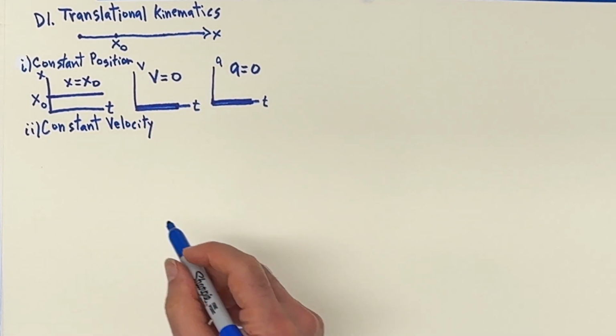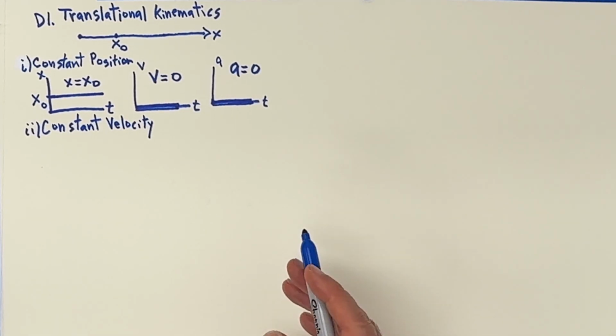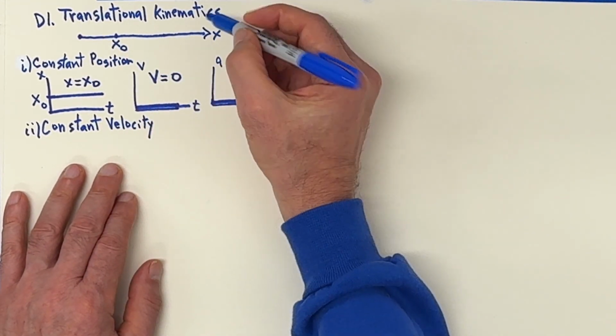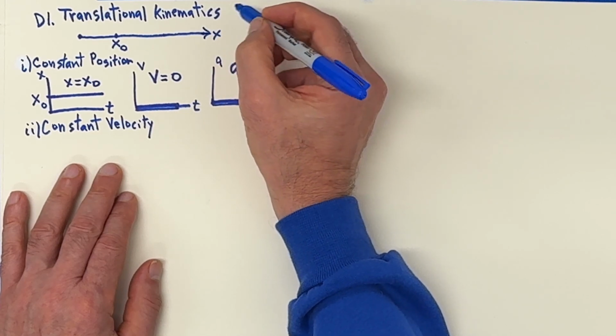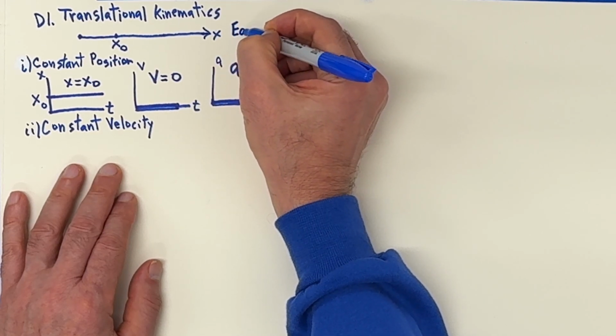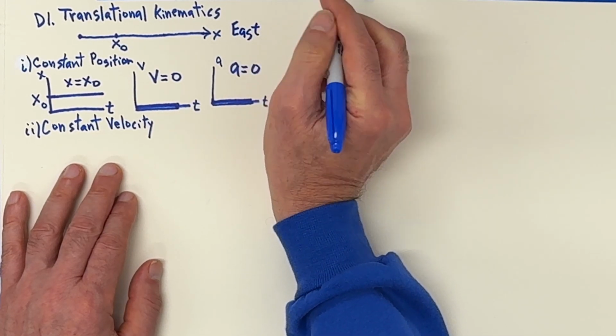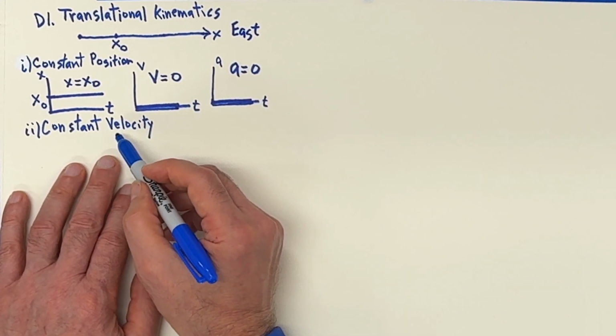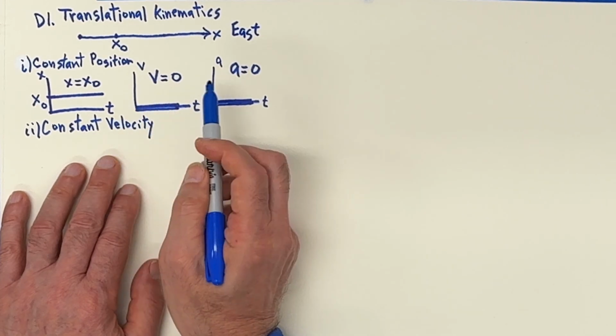Now, velocity technically is speed and direction. Well, the direction is going to be along the x-axis here going, say, east. And the speed would be what your speedometer says. So the velocity is the speedometer reading and the designation that we're going east.